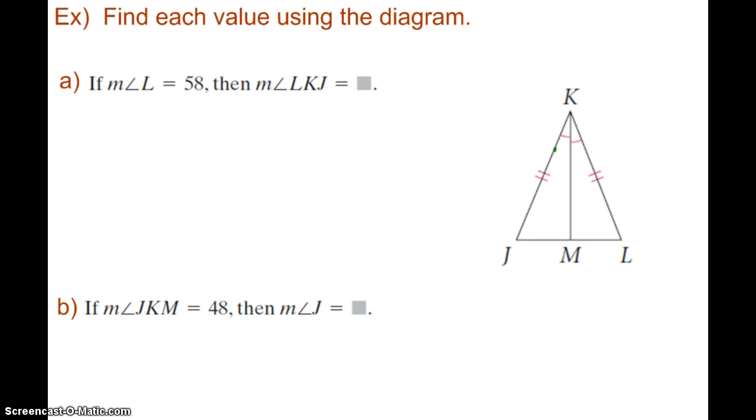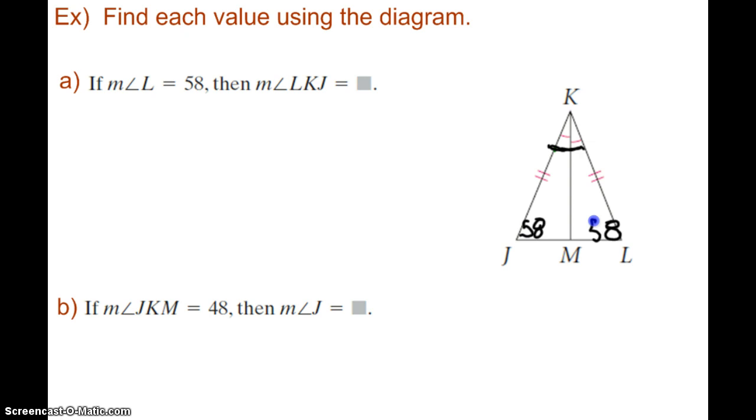We have two more examples. If the measure of L is 58, find LKJ. We want to find the big angle up here. This is an isosceles triangle. Therefore, the base angle on the other side is also 58.